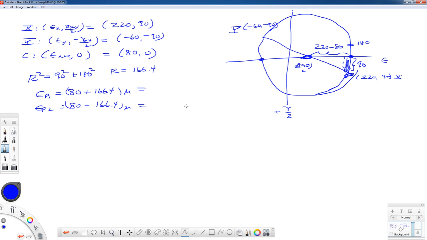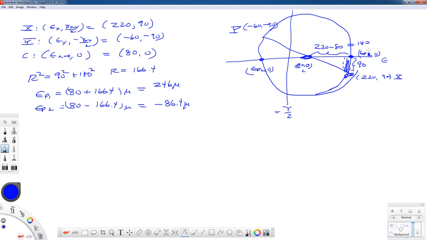So I get 246 microstrain and minus 86.4 microstrain. That's this location right here. So there's epsilon P2 comma 0, and over here epsilon P1 comma 0.